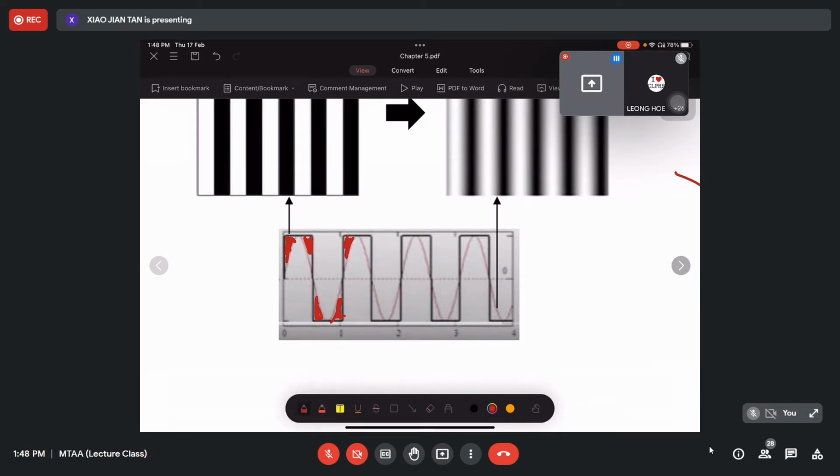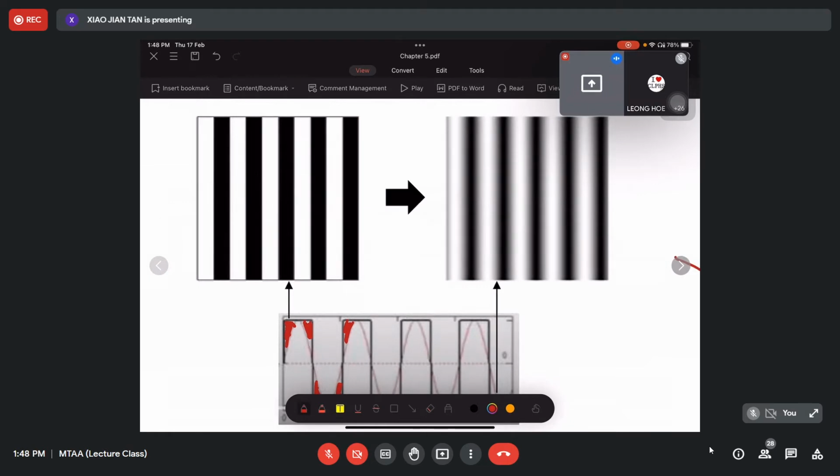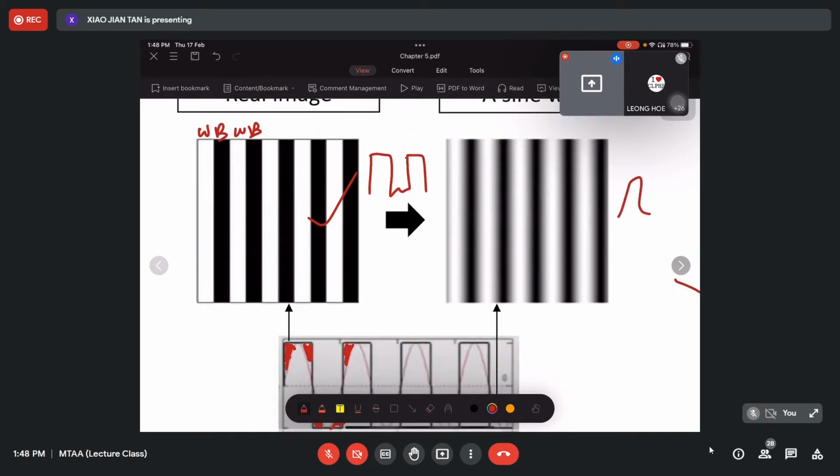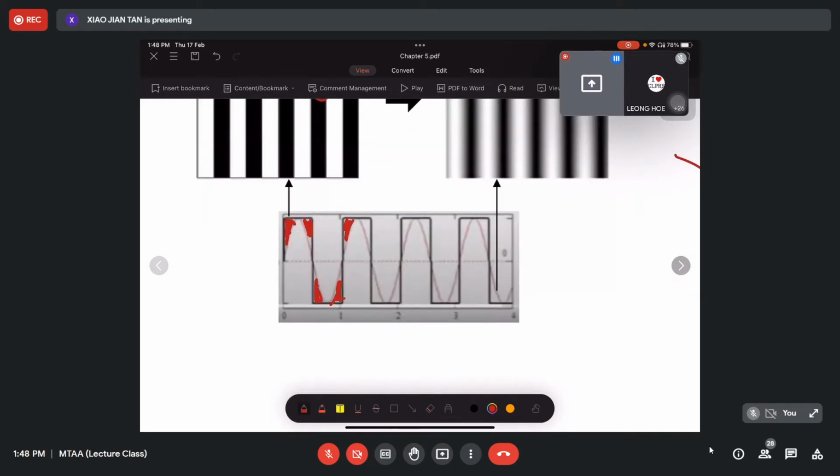In the real case, when you have a step function like this one, you would expect a very high contrast image, because white color, black color, white color, black color. But with this one, you just have an estimation. You are losing all the data from this gap. Okay.